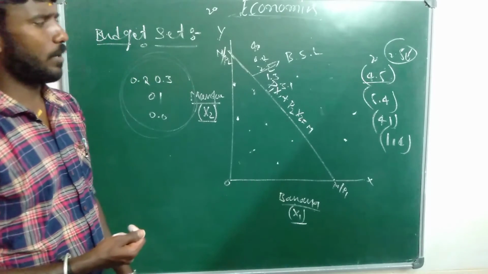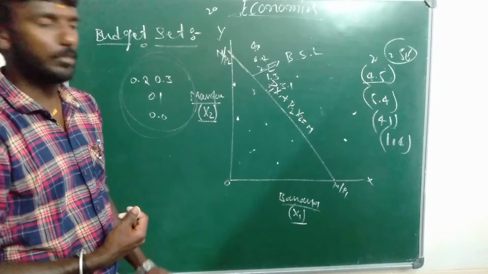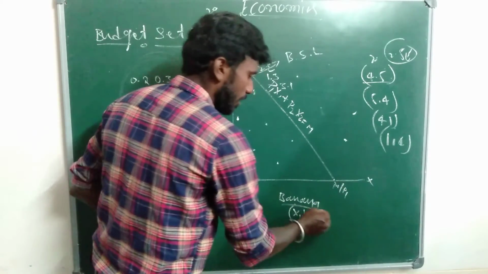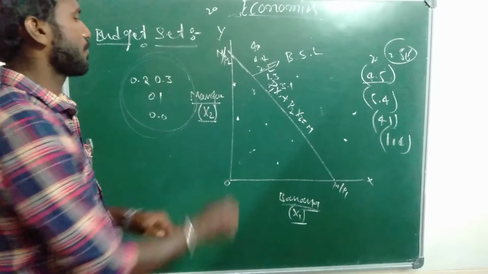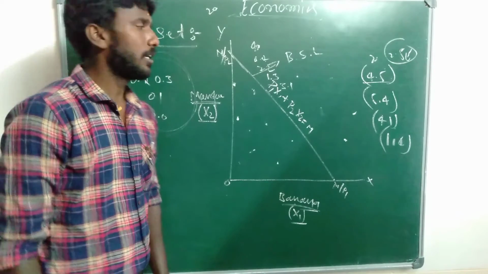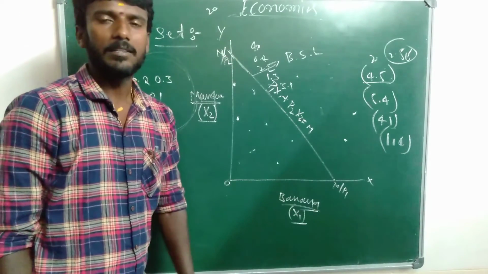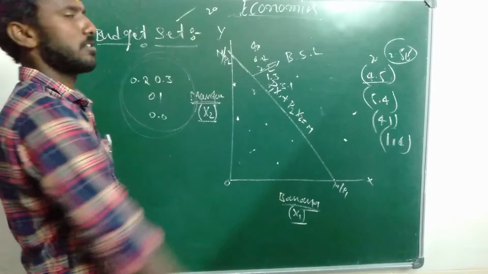See, simply once again I'm going to explain this budget set with the help of the diagram. The x-axis is plotted with banana, or x1, and the y-axis is plotted with mango, or x2. In this diagram, from left to right downwards, with m bar by p2 and m bar by p1, a straight line will be there. That line we are going to consider the budget set line.